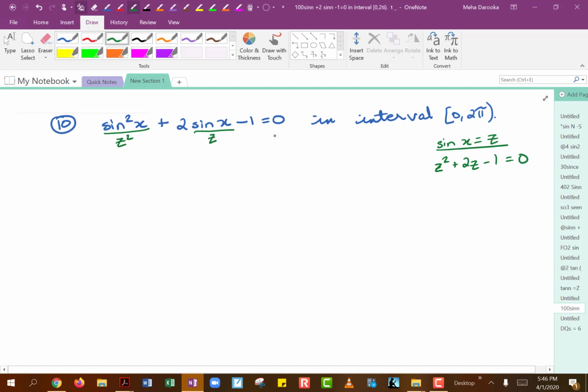Now you're looking for two numbers that multiply to give you -1 but add up to give you 2. If you multiply two numbers to get -1, one number has to be -1 and the other has to be +1. But when I add -1 with +1, I get 0. I do not get 2. So that's why you cannot factor this.